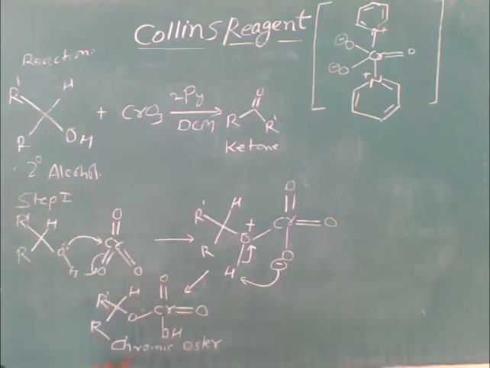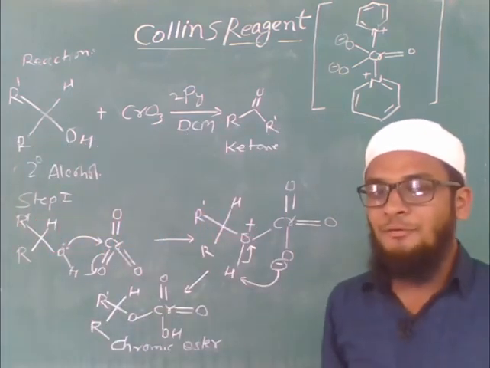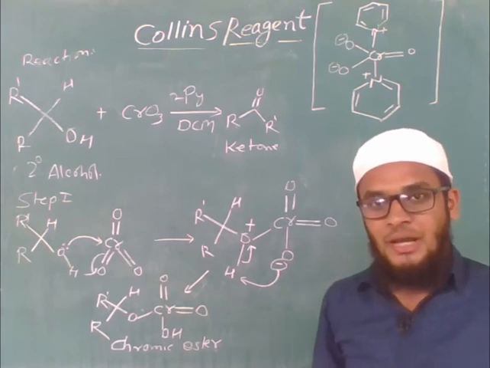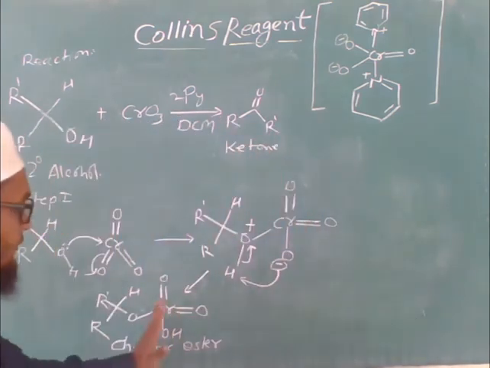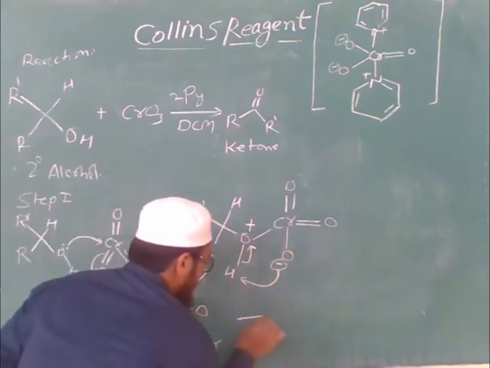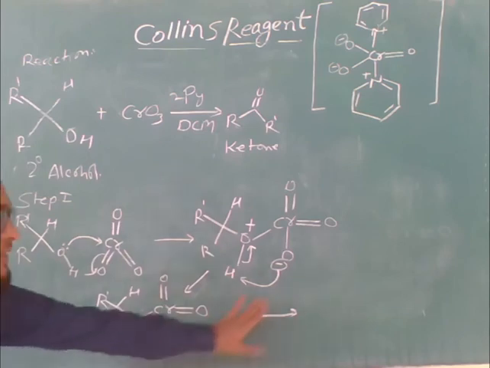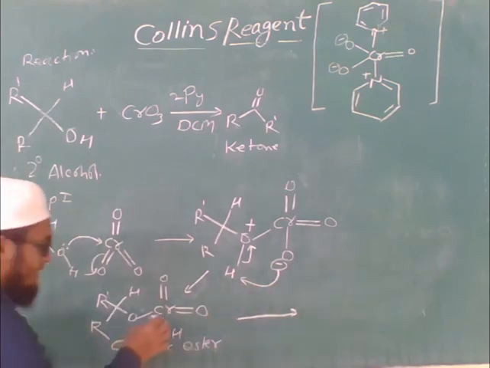So this was the product for the first step. Now for the second step, you know, alpha hydrogen elimination. So I will just forward this reaction. The next step starts from here. What is the next step?